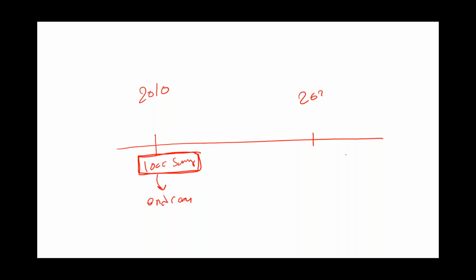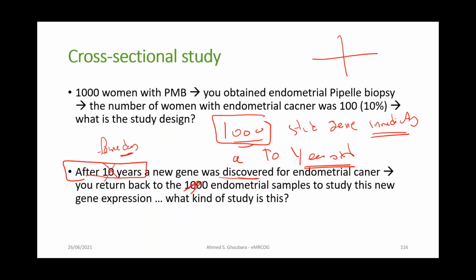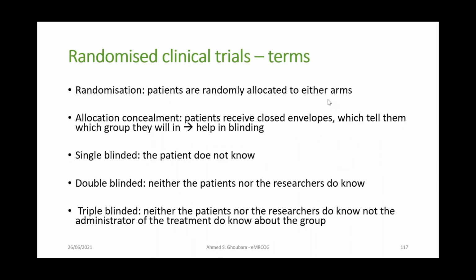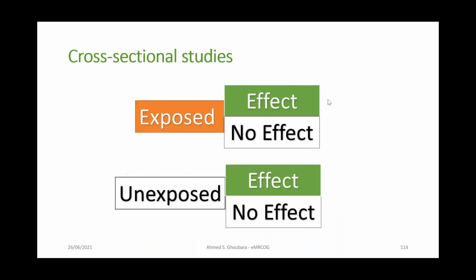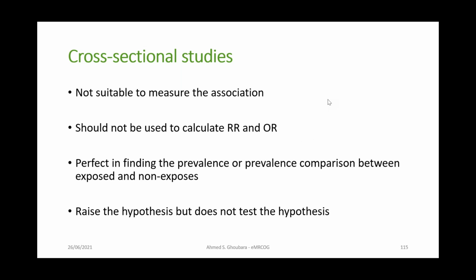So they are frozen in time. I studied the rate of endometrial cancer here. At some point later, in 2020, a new gene was discovered. So get back to the point, guys. I take the same 1,000 samples, same cross-sectional. So basically, yes, I'm studying the new gene, and yes, I'm in year 2020, but in terms of the samples I have, I'm studying 10 years back.